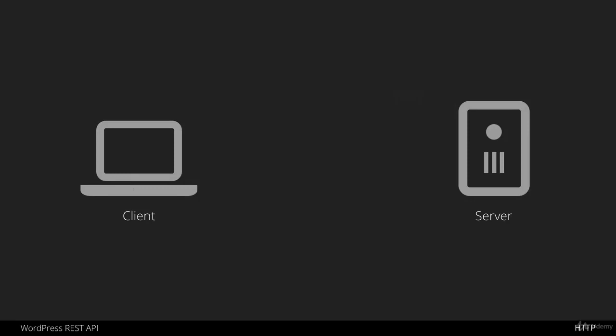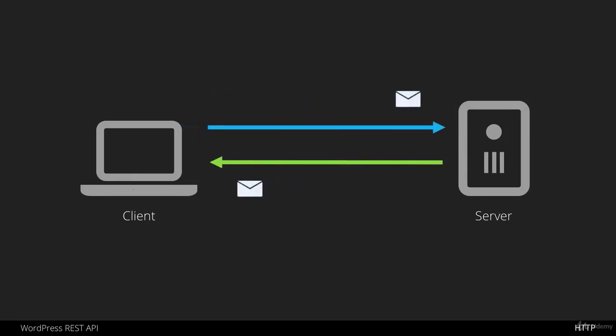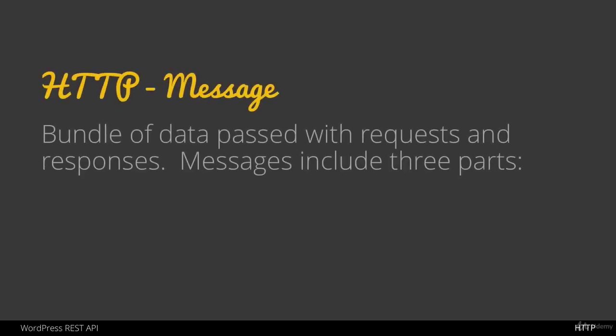So coming back to this diagram again, when we make requests and get responses back, we're passing what are called HTTP messages. And HTTP messages are the bundles of data that are passed with requests and responses.